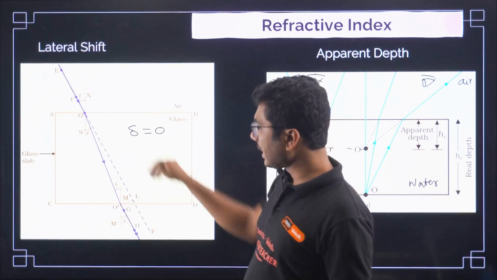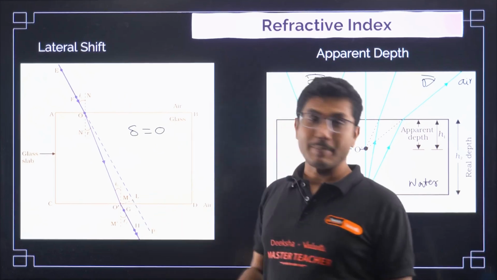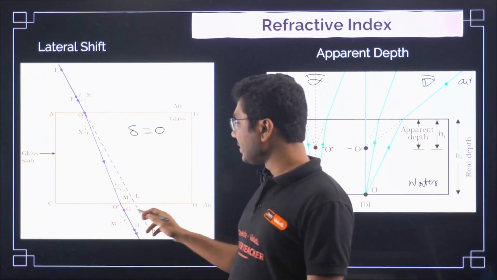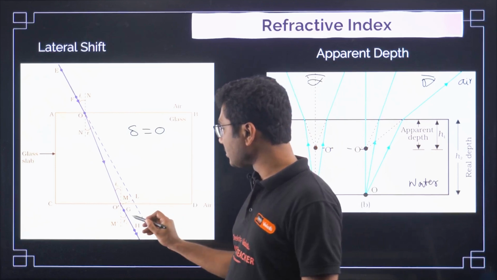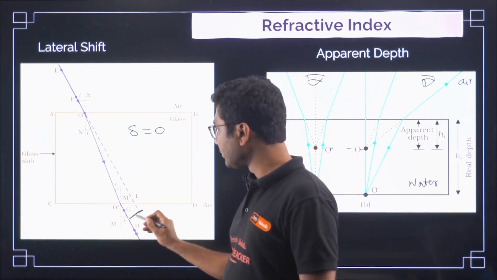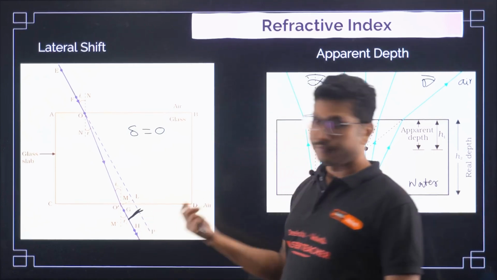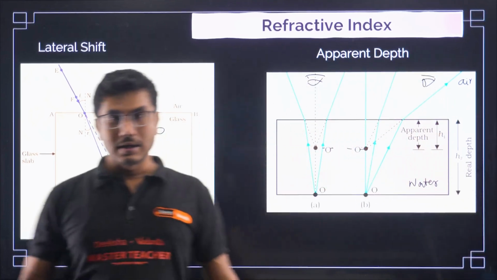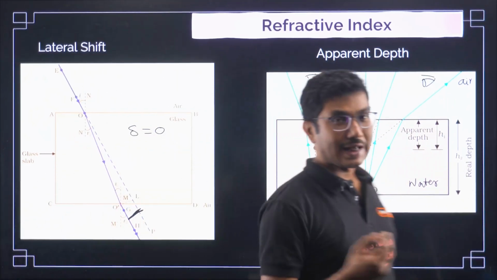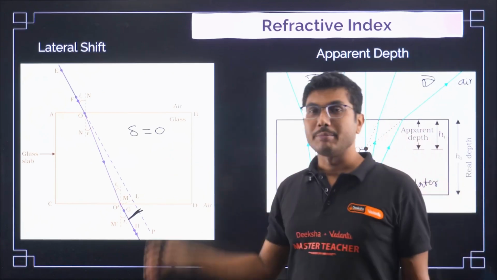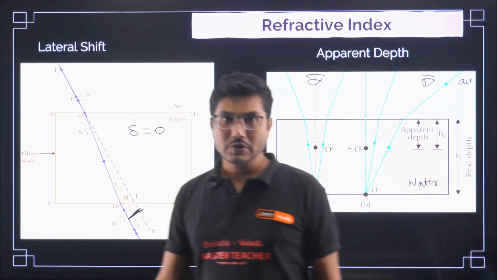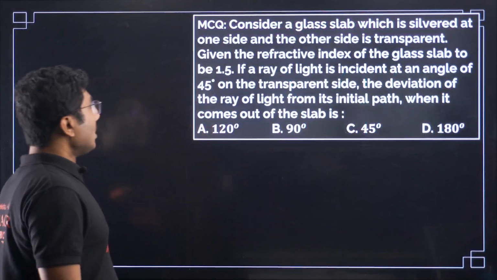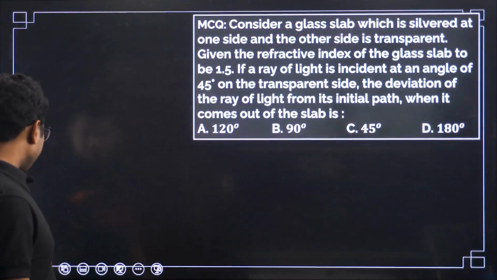The original ray and the emergent ray are parallel, but they are not in the same line. They have shifted by a small amount. This shift is called lateral shift. From this measurement you can even calculate the refractive index of this medium as well. Now let's see one question.